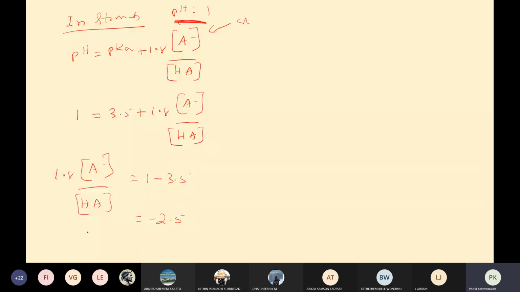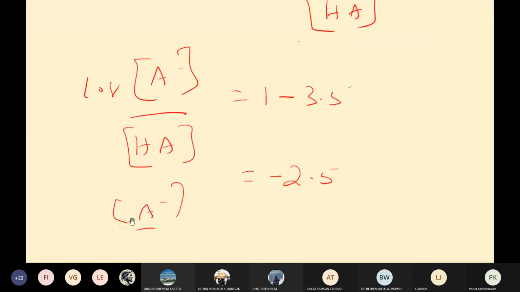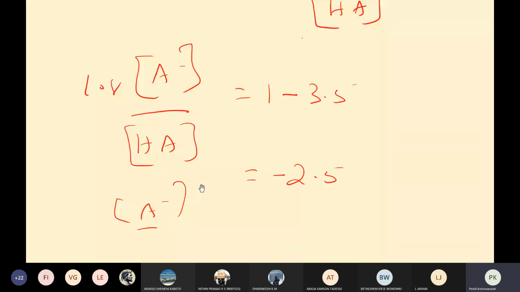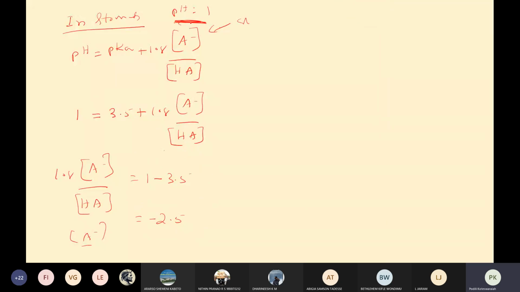So [A-]/[HA] is equal to the antilog of minus 2.5.